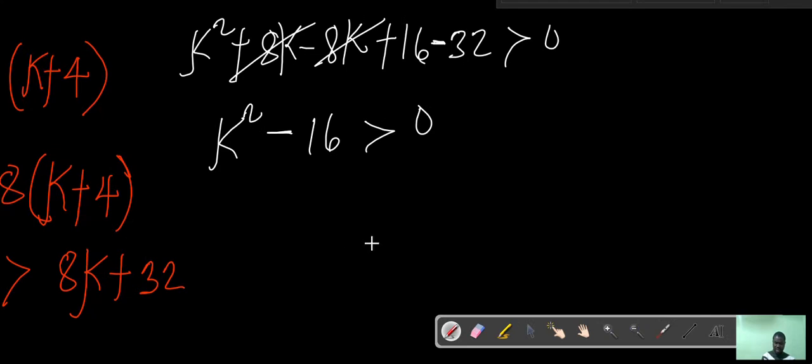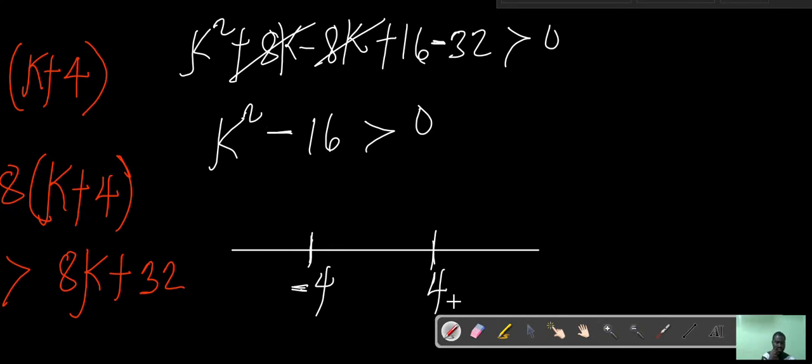We have said k is 4, k is minus 4. Let's draw a number line. The smaller number can be here, -4. The bigger number can be here, 4. So I prefer to always start the test from the middle. So let's test the middle. Between -4 and 4, any number lies between -4 and 4.